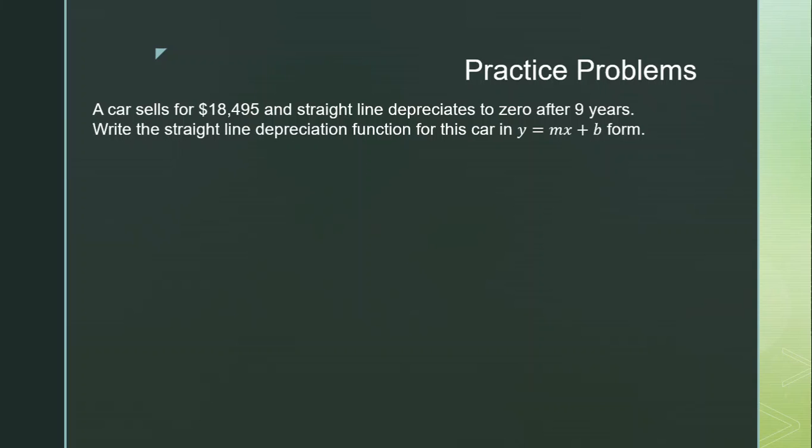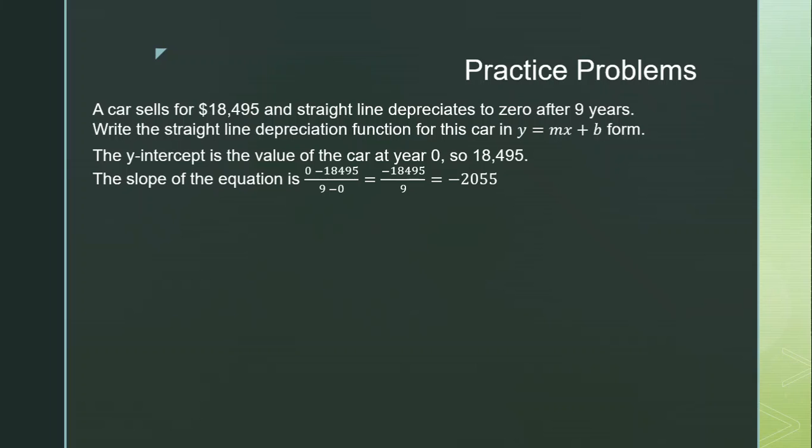All right, so let's go through this and see if you got it. So the y-intercept is the car value at year 0, the maximum value. Since we bought the car for $18,495, that is our y-intercept. The slope is how much we went down in value divided by how many years we moved forward.